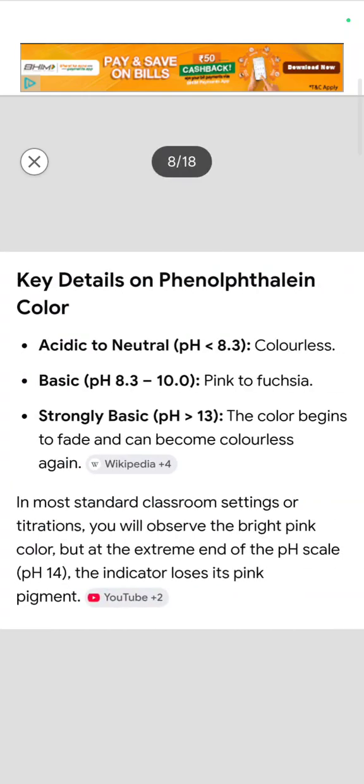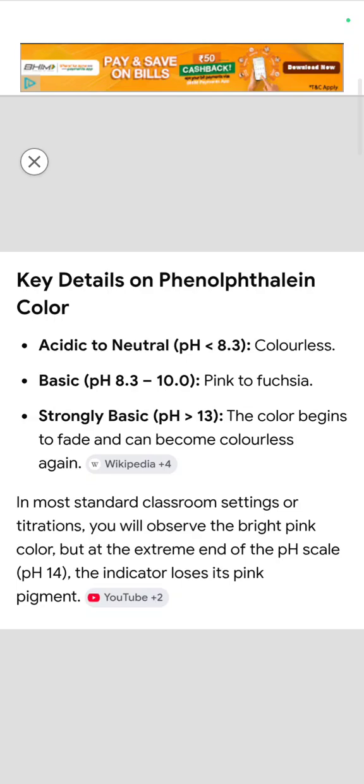So again, the color of the phenolphthalein in between the pH 8.3 to 10 is pink to fuchsia, and the color of the phenolphthalein begins to fade and become colorless in a strongly basic solution, that is pH greater than 13.